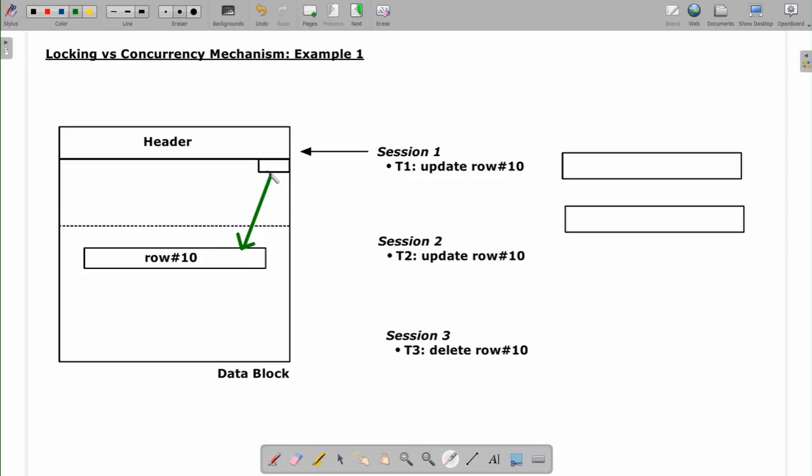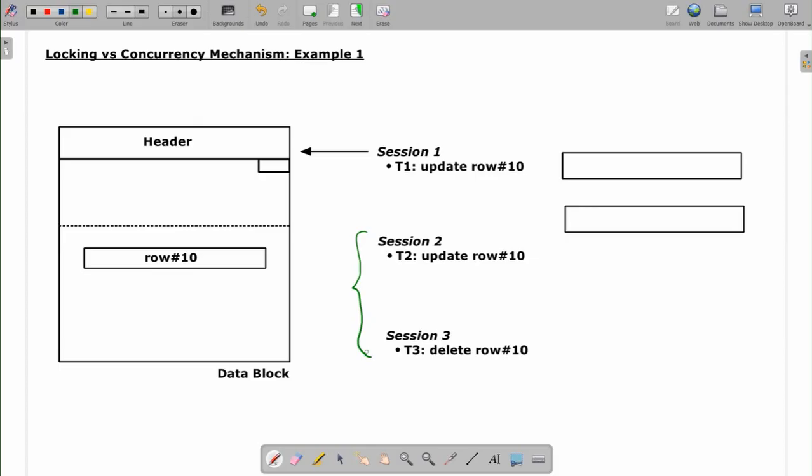At a later point, let's say session 1 committed the transaction. So now we have session 2 and session 3, and these two sessions can access row number 10. Which session must be served first, session 2 or session 3?